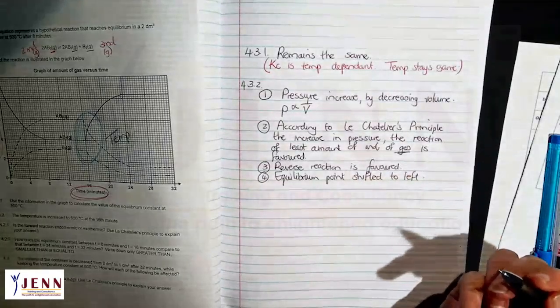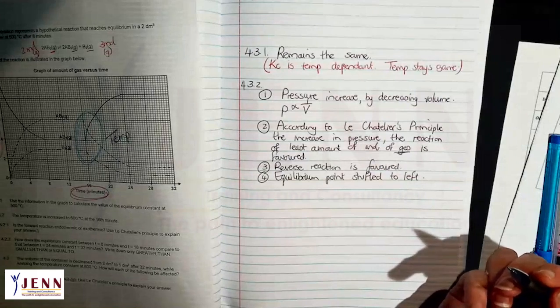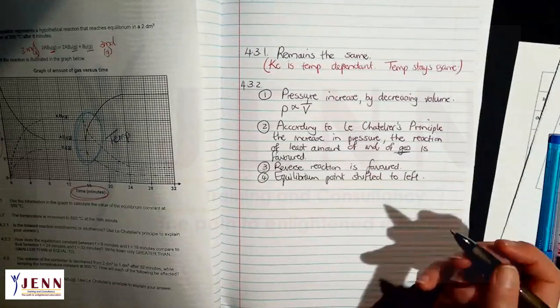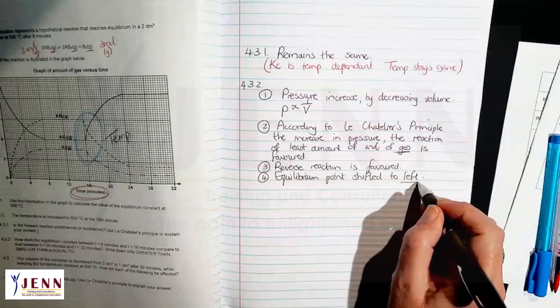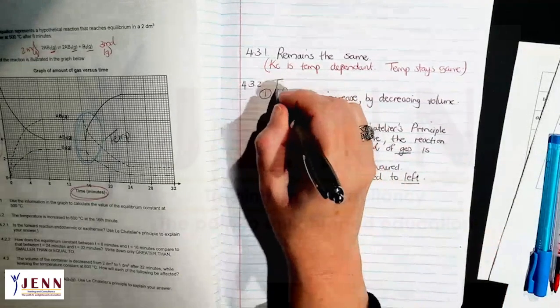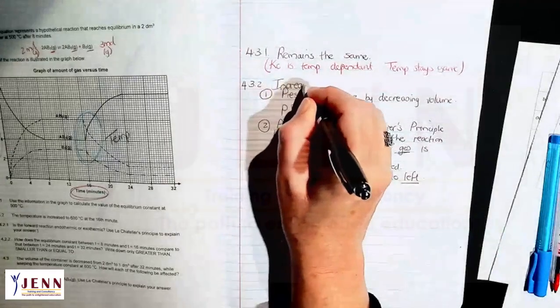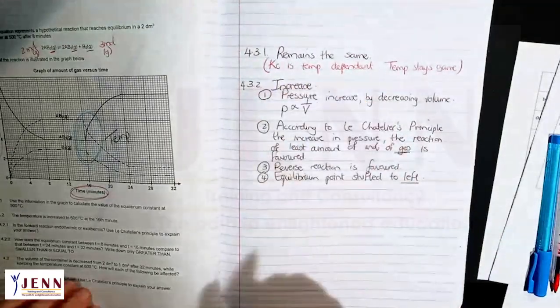Okay, now I go back because they asked the number of moles of AB3, and because it shifted to the left, it is towards the AB3, so they become more. So this answer will be increase.